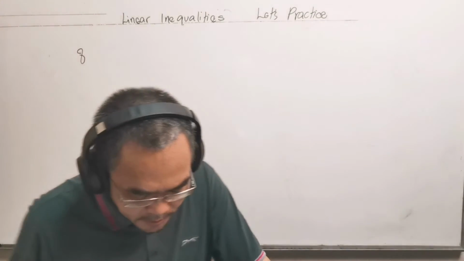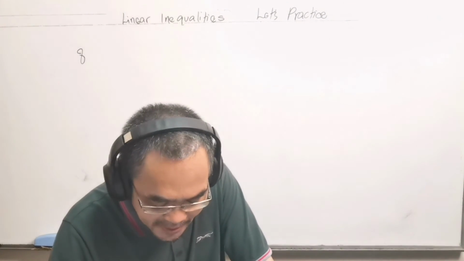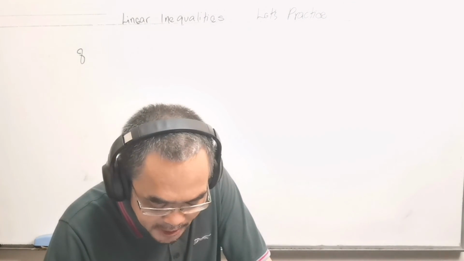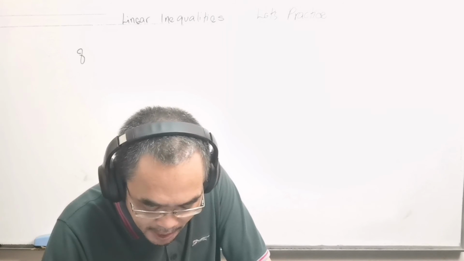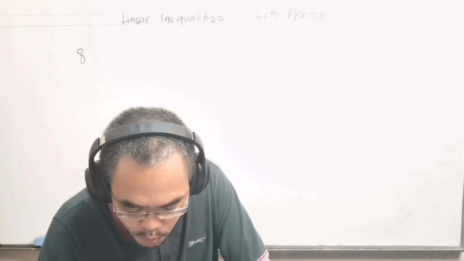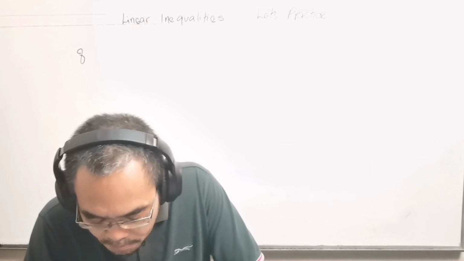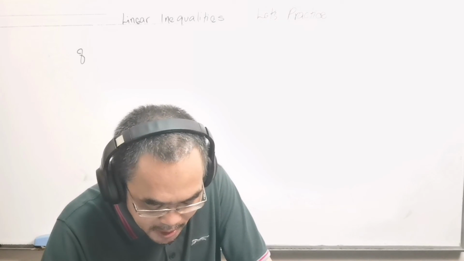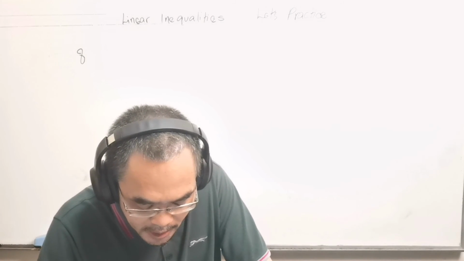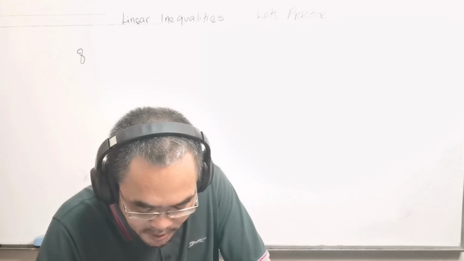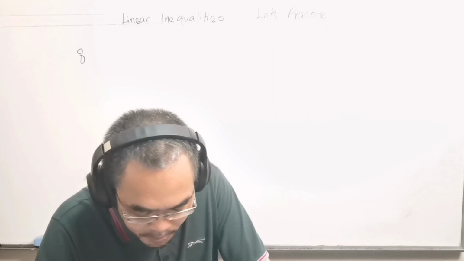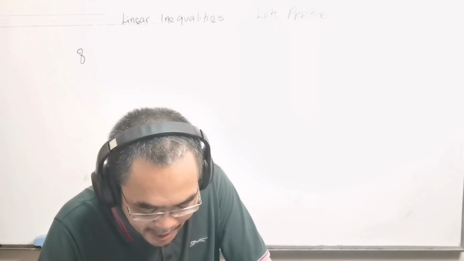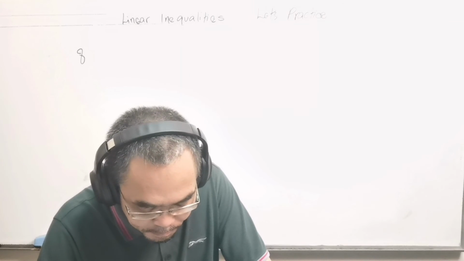Okay, question number 8. The mass of a metal sphere is 15 gram and the mass of a box is 200 gram. Chan puts n metal spheres into the box. The total mass of the box and the metal spheres is more than 290 gram.